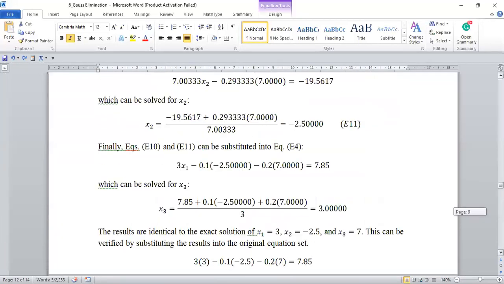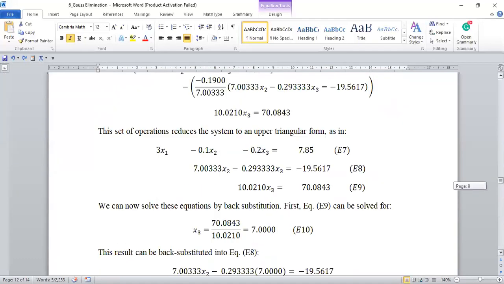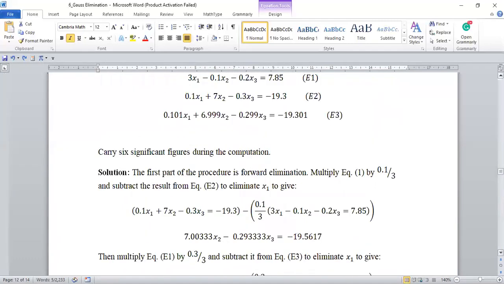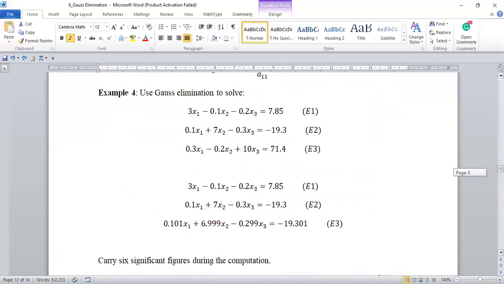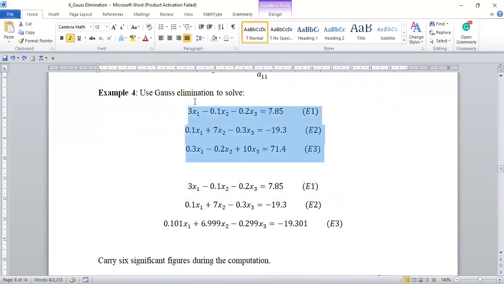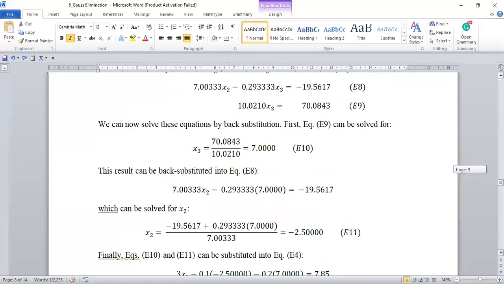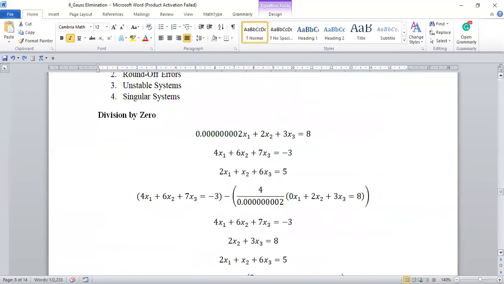If you are given an equation like this in the exam, and you are asked to solve it using the Gauss elimination method, don't just go ahead and solve it like that. First look at some things. For instance, you might be given this kind of question where there is not even a term here.